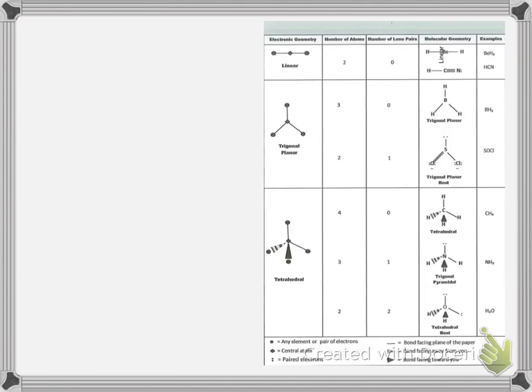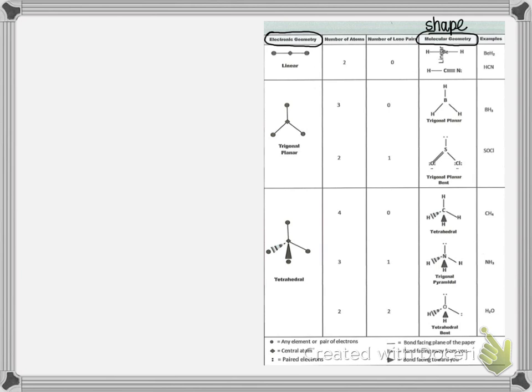So here's the handout. You'll notice here we have an electronic geometry. In the electronic geometry, it does not distinguish between the number of atoms and the number of lone pairs. It just counts all the groups. Okay, so we'll look at both of them here. Then over here on this one is the molecular geometry, and this is also known as the shape. So if something's asking you for the shape, they're referring to this molecular geometry.